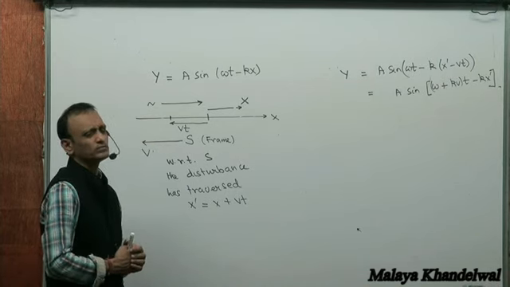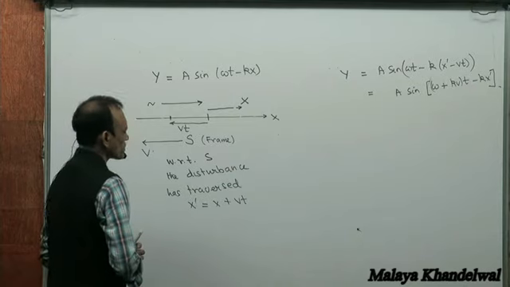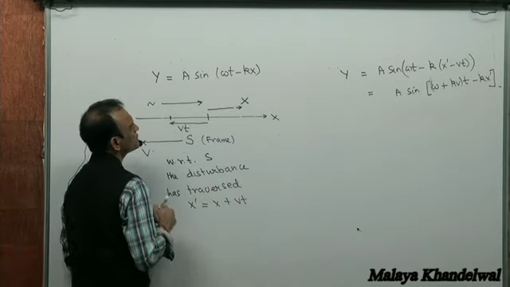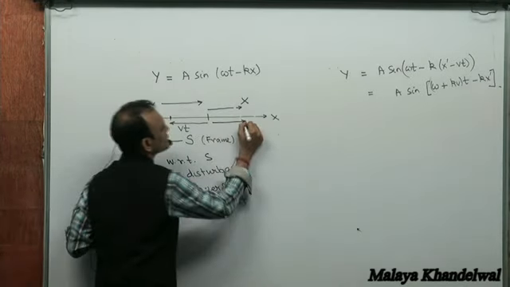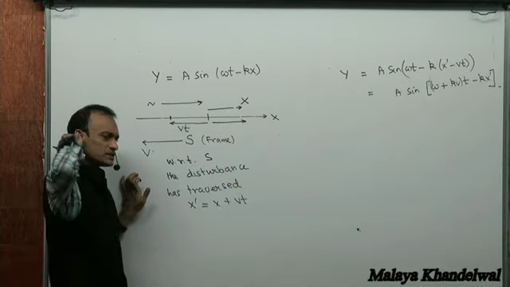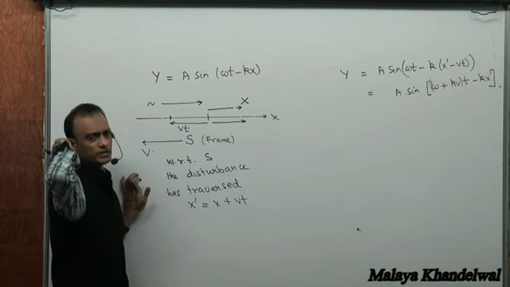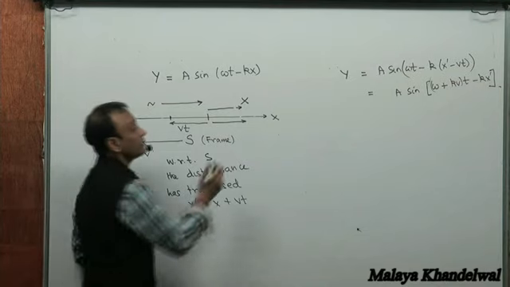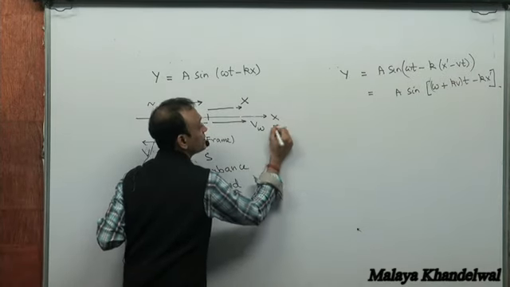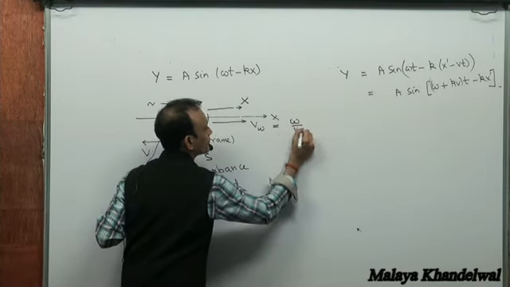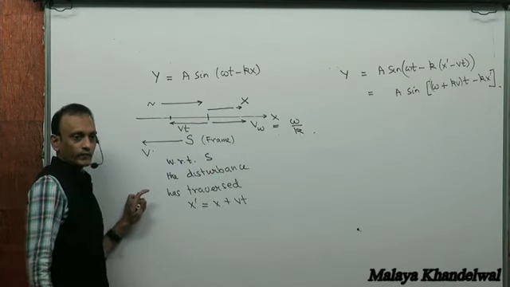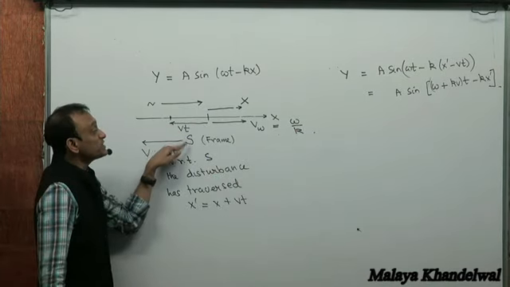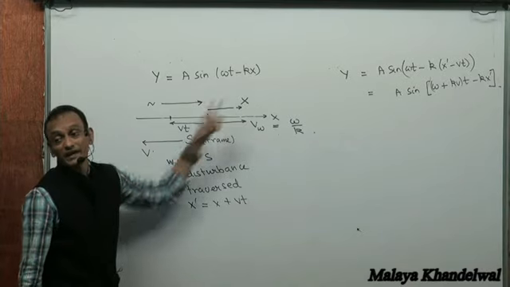Now, hey, look, what's the actual wave velocity in the stationary medium? ω by k, right? Wave velocity in the stationary medium is ω by k, right? But what would this frame observe? ω by k plus v.